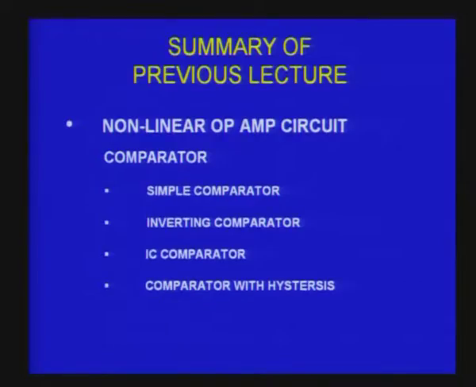We have got different varieties of comparators. We discussed a simple comparator, which can also be considered as a zero crossing detector. We also looked at an inverting comparator, an IC comparator like LM339, and we also saw a regenerative comparator, that is a comparator with a hysteresis. So, these are the various circuits that we have seen.